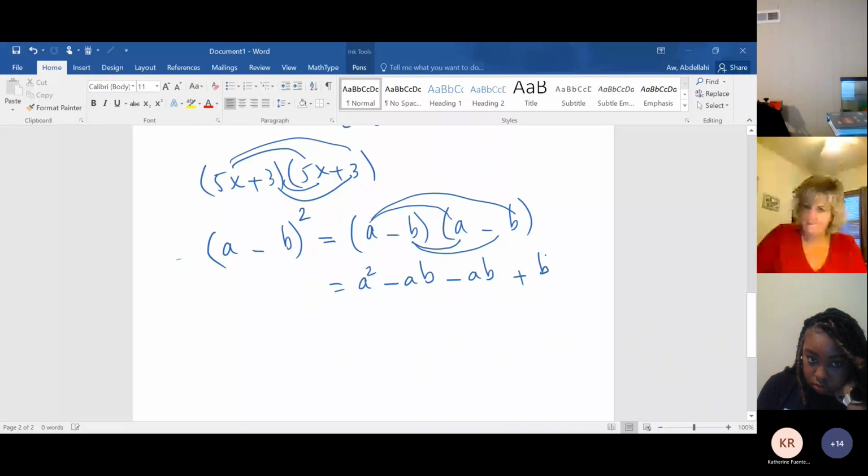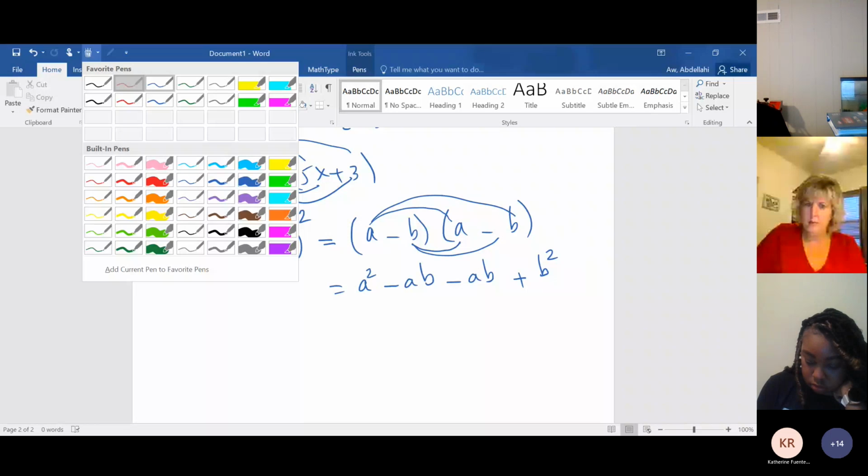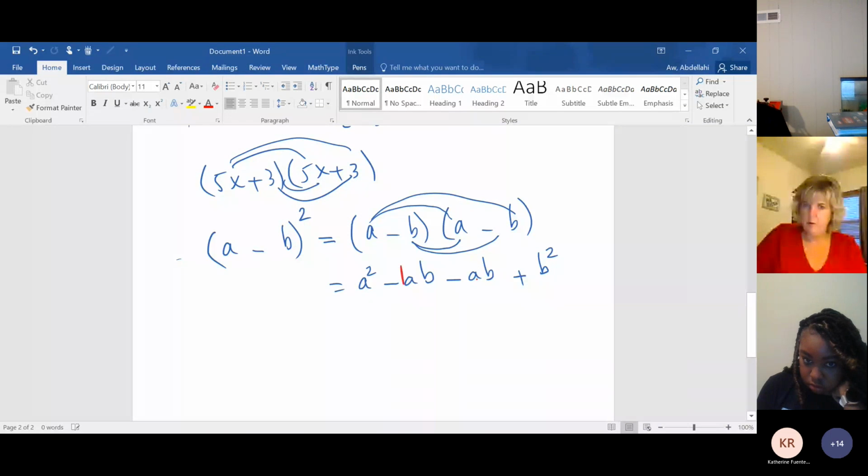That's the distribution. Now, the two in the middle, they don't cancel out, they add up. This is negative 1ab, negative 1ab. How many ab's? 2. Negative 2ab, right? A squared minus 2ab plus b squared.